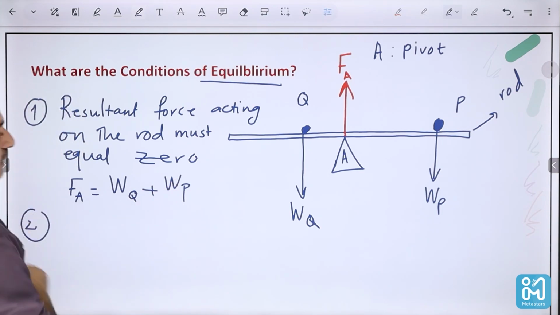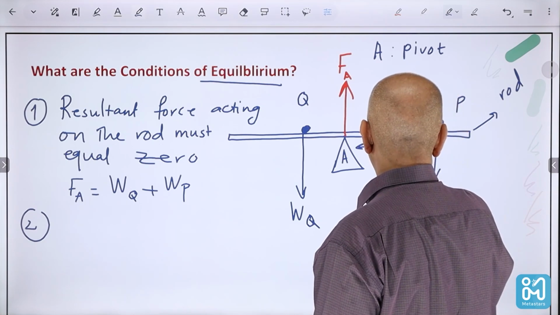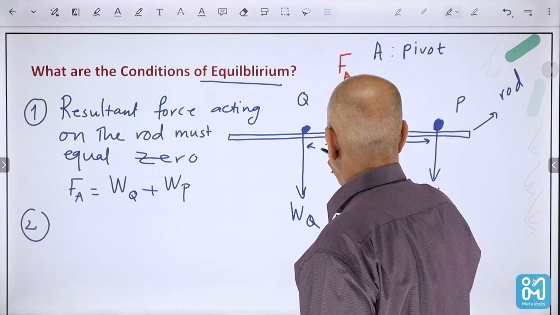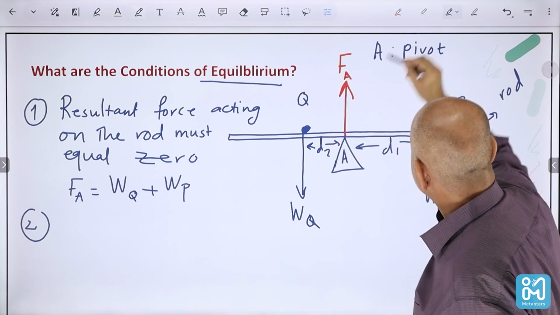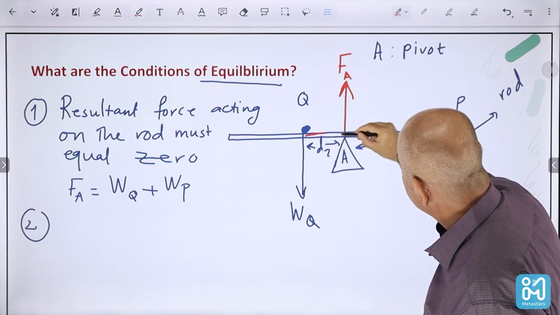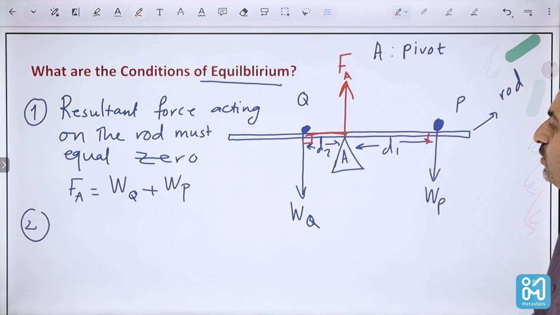The second condition: if I call this distance 1, and this is distance 2, and as you know, the angle between the distance and the force is already what? Right angle, so it's perpendicular. So we don't have to worry about obtaining the perpendicular distance in this case.